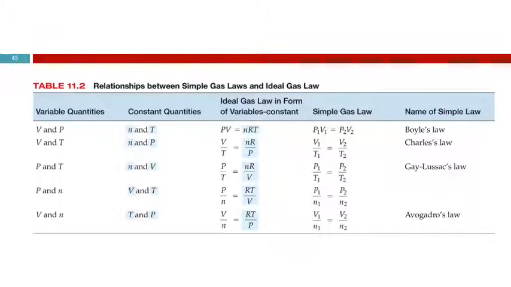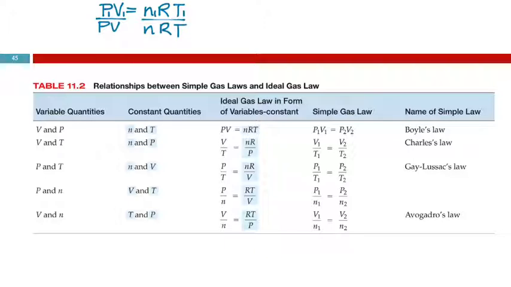So this is what you do. You write PV equals nRT. And then you make fractions and you write PV equals nRT again. I'm going to call the one on top 1, and I'm going to call the one on the bottom 2. So this is P1 V1 equals n1 R T1, over P2 V2 equals n2 R T2.